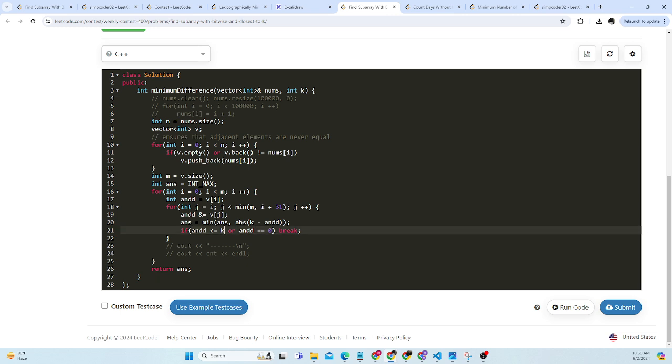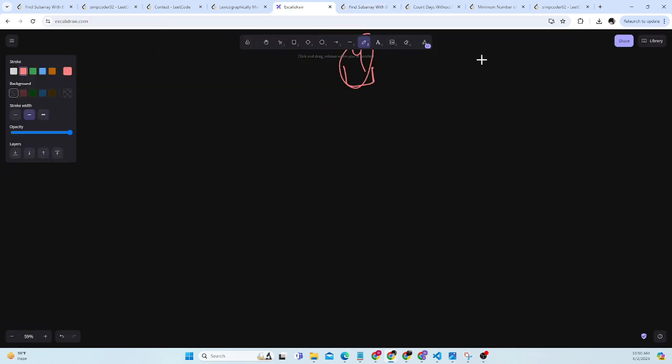And what is this condition? This condition states that, let's say this is a number line, this is 0, and this is infinity. Let's say this is our k. Upon calculating the subarrays, let's say we had the prefix AND, you know that the prefix AND keeps on decreasing. If prefix AND becomes 0, we'll stop.